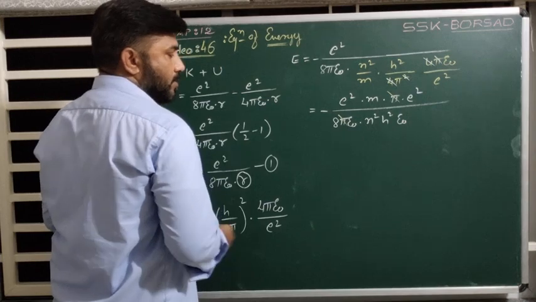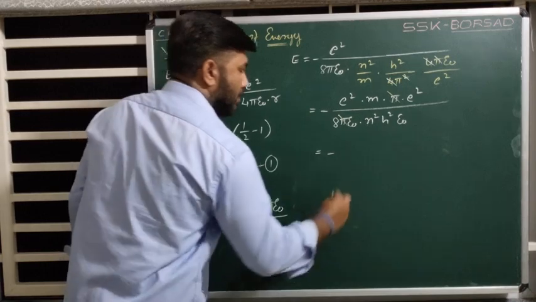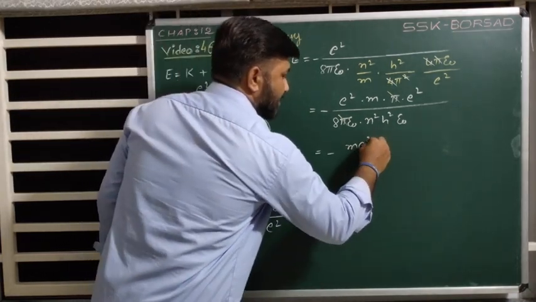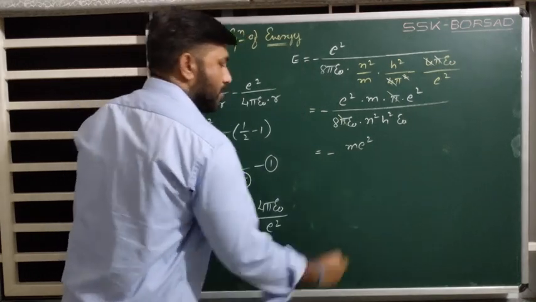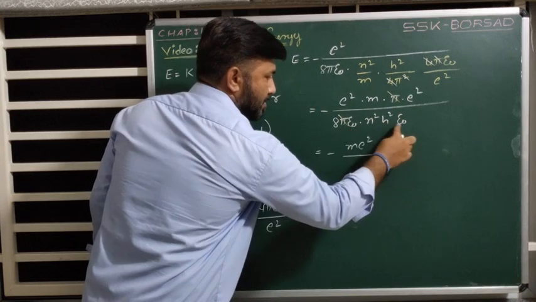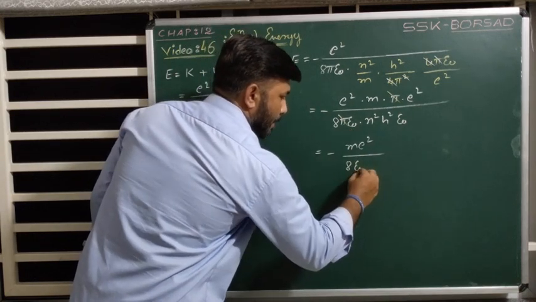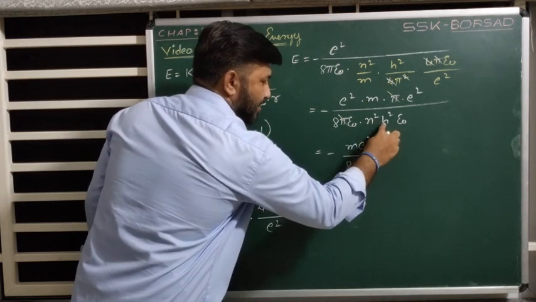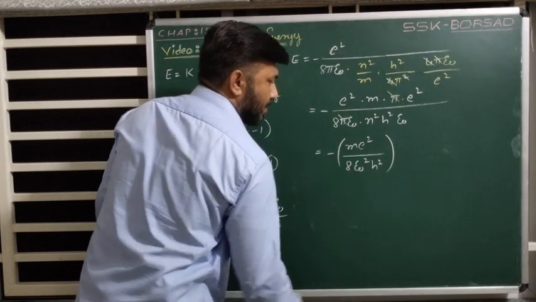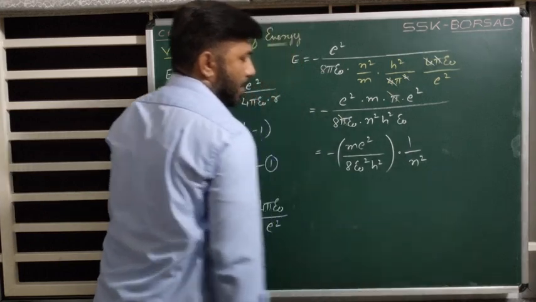What will remain is minus m e to the power 4 upon 8 epsilon 0 square h square. All these things are constant, multiplied by 1 upon n square.